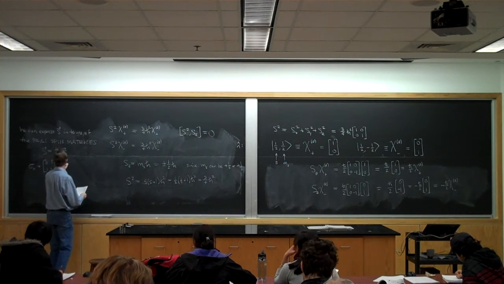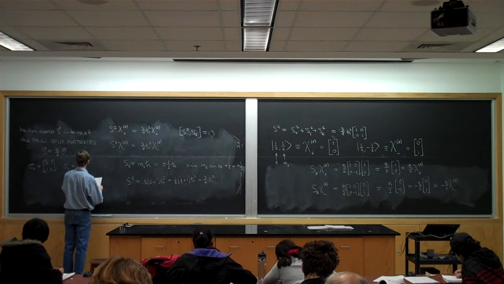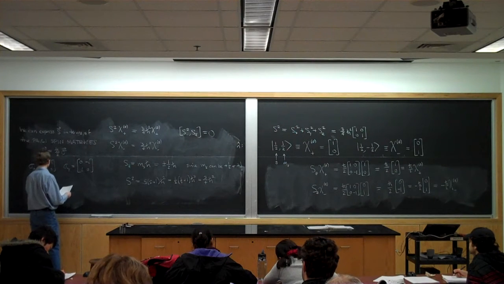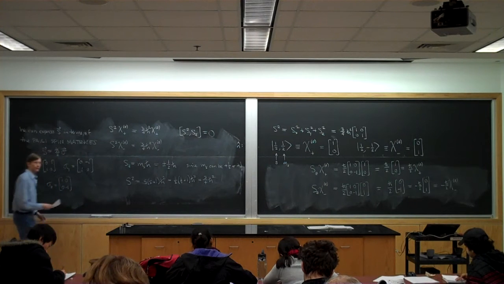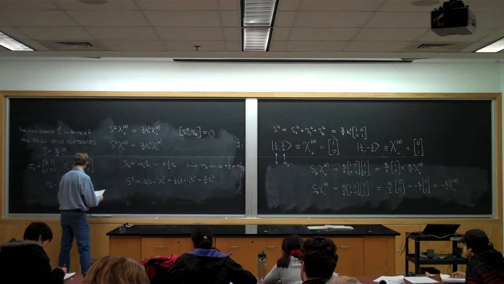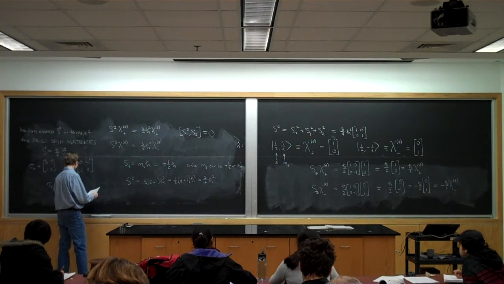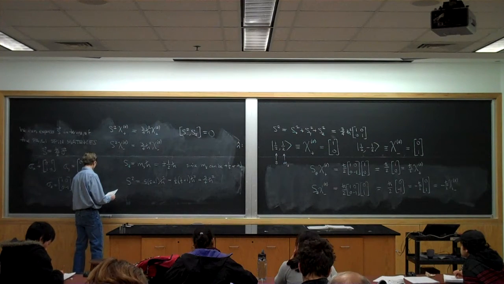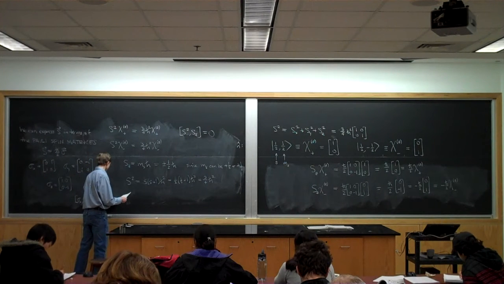And sigma sub y is (0, minus i; i, 0). And sigma sub z is (1, 0; 0, minus 1). The commutation relations obeyed by the sigma are sigma x, sigma y commute to 2i sigma z, and cyclic permutations.